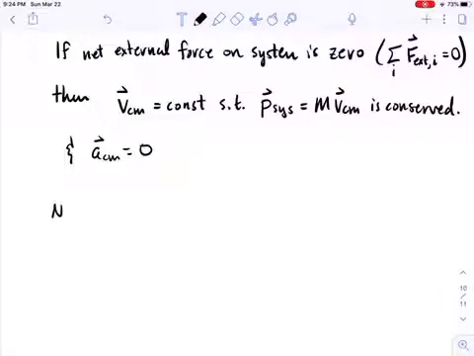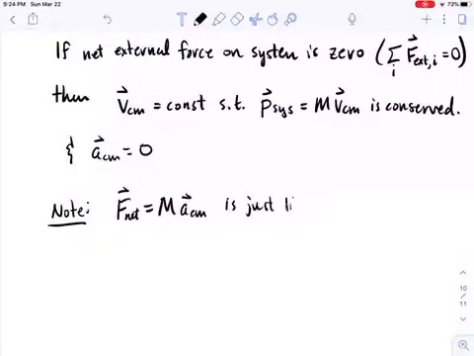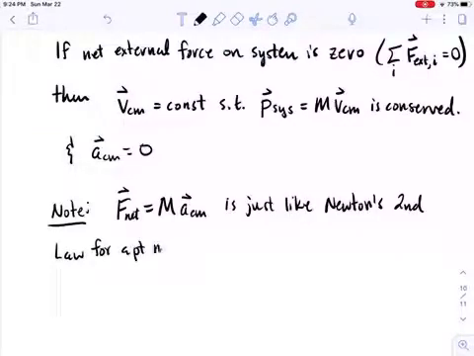So let's note that the expression F net equals the total system mass times the center of mass acceleration is just like Newton's second law for a point mass.